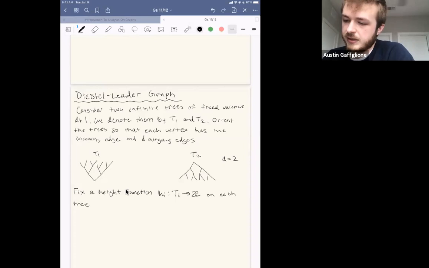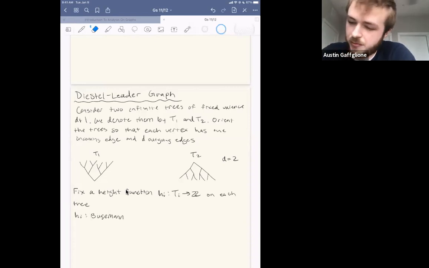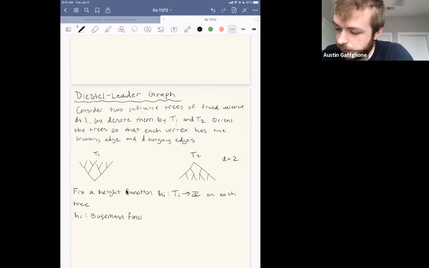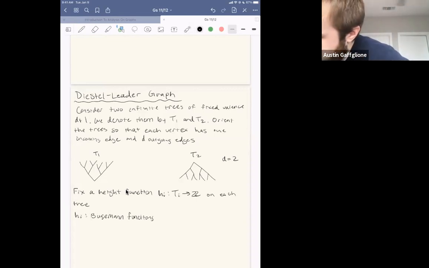And with these height functions, they're actually called Busemann functions. No typo. Okay, so Busemann functions. At each vertex, I can assign it a height. This is not going to be drawn to scale, but something like this.